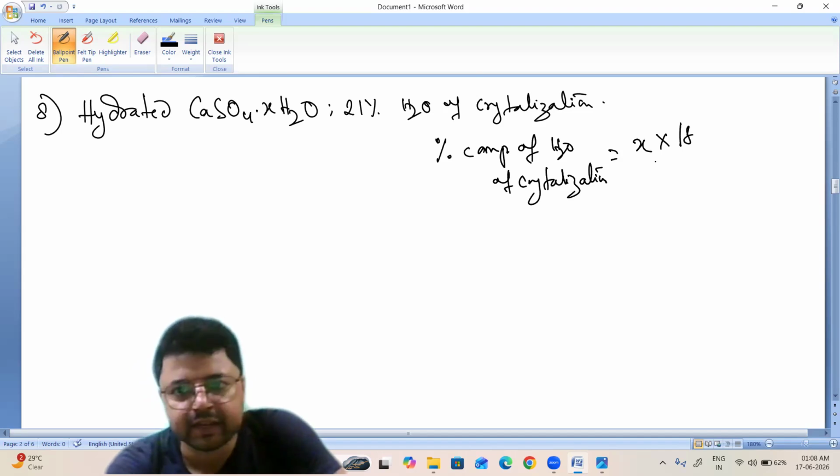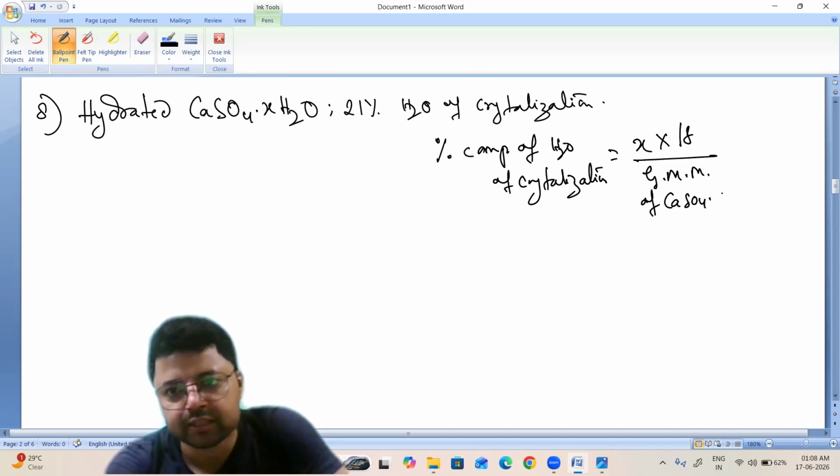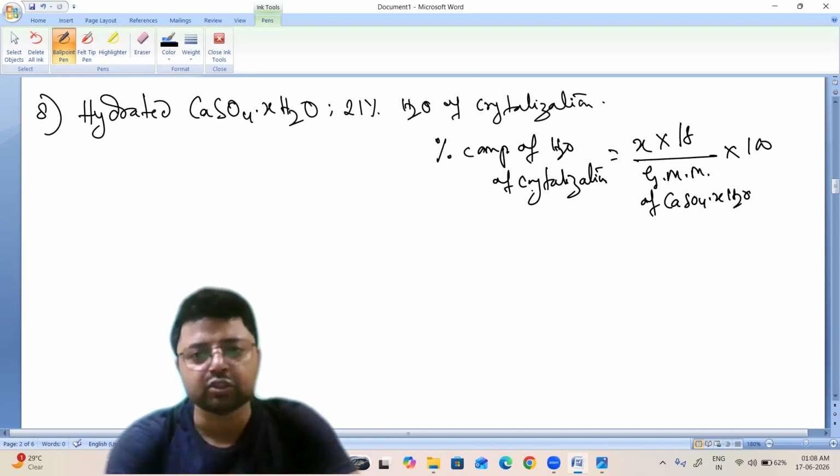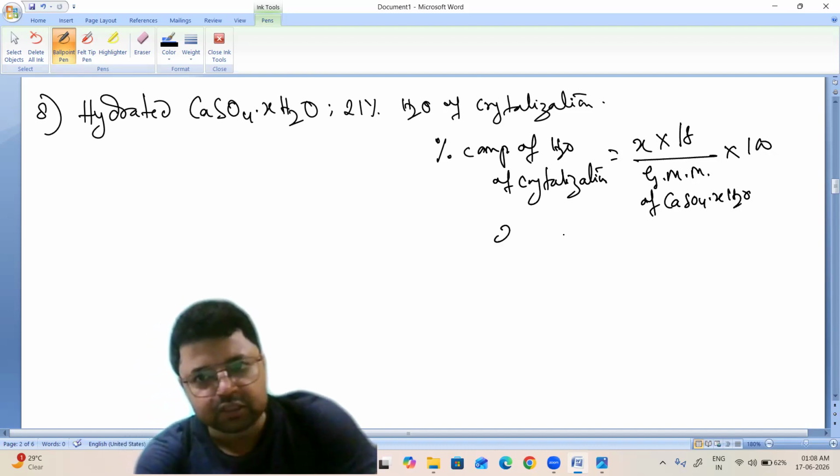I'm writing it directly. 2 hydrogens and 1 oxygen, 16 plus 2, it will give you 18, plus the gram molecular mass of CaSO4 dot XH2O, times 100. Okay, so this is the percentage composition, and in the question it is given as 21.